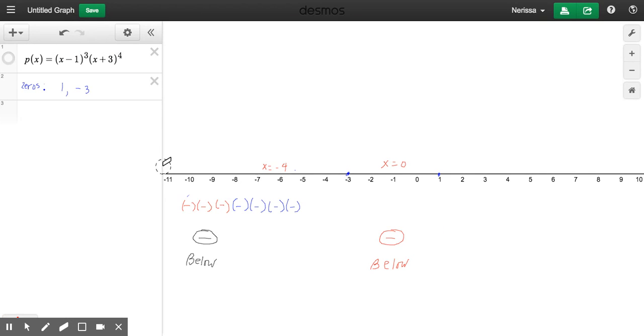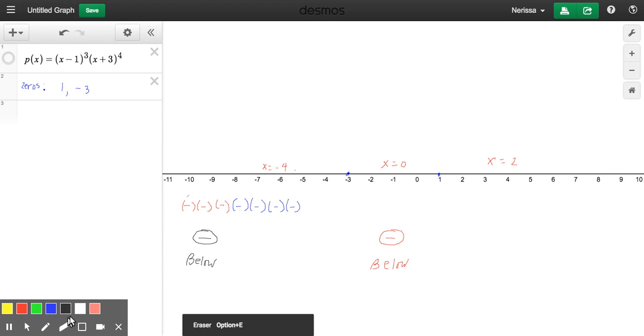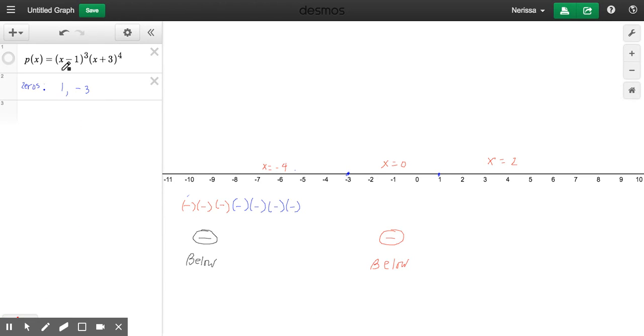Now, for the last interval, we can choose 2, 3, 4, 5, and so on. For convenience, let's use x equals 2. If we plug in 2 to x, 2 minus 1 gives us positive, and that's positive cubed, which gives us a positive product.